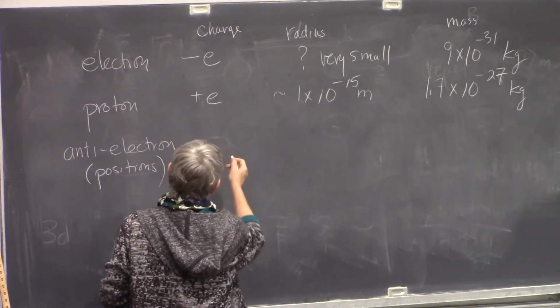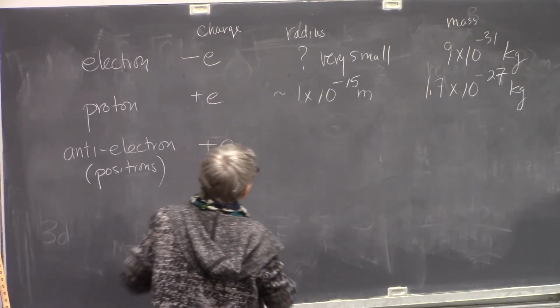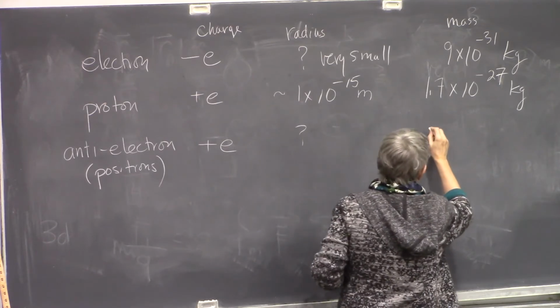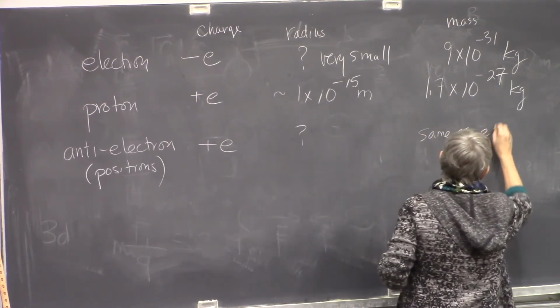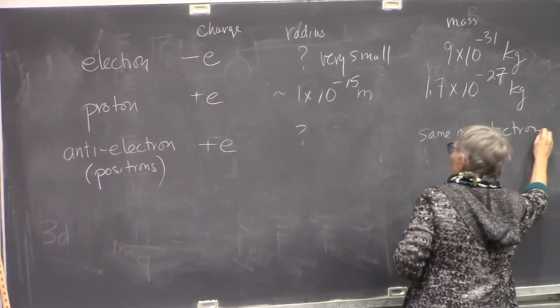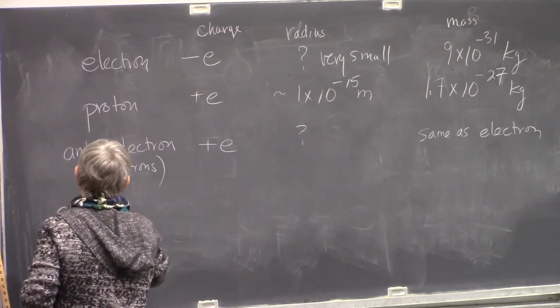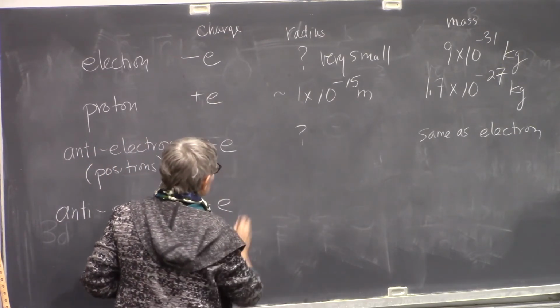So the charge of an anti-electron, a positron, is actually plus e. Radius is the same as the radius of an electron. And there's also antiprotons, which have a charge minus e.